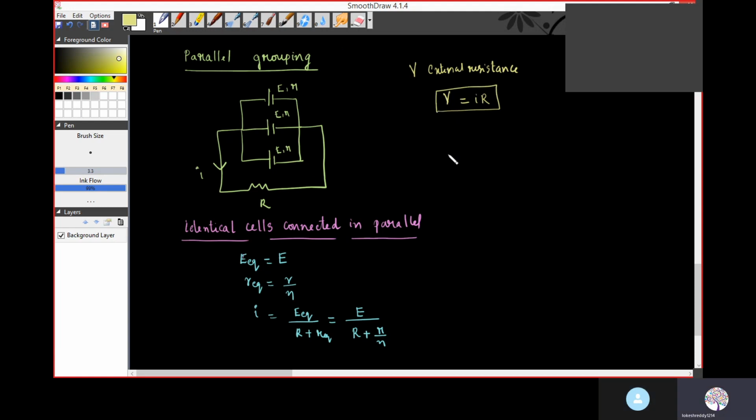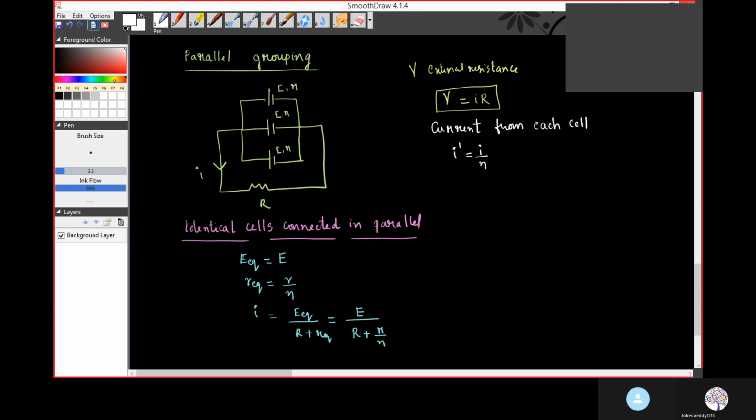Next point is current from each cell. Current from each cell, I dash, is equal to I by n.